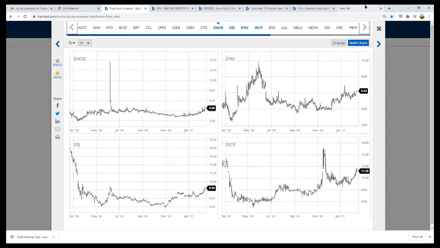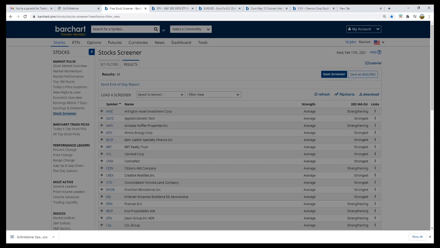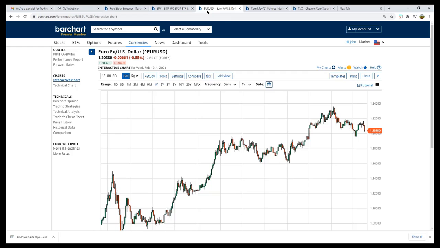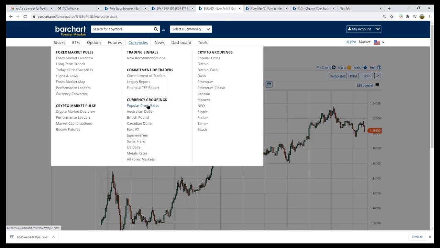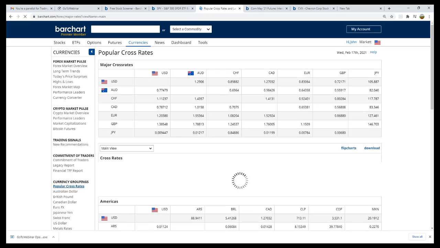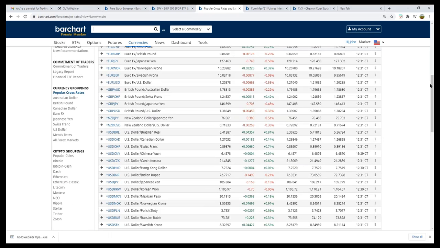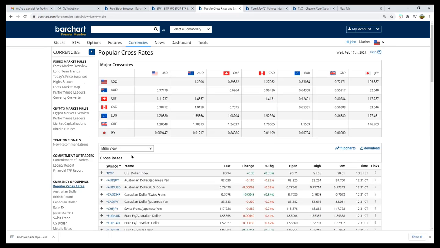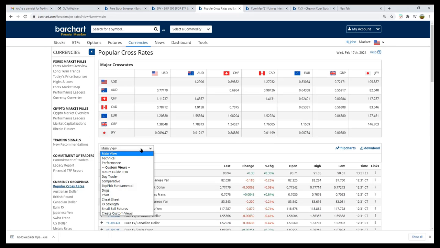Let me go back to my euro dollar example, my currency example. Let's pull that up. Remember, we talked about using our main view to go down into our technical view, right, to find our strength.